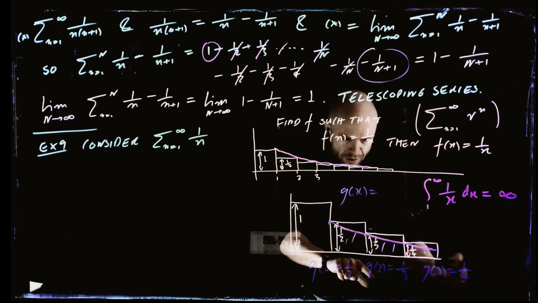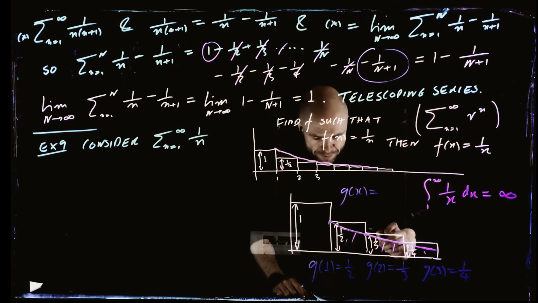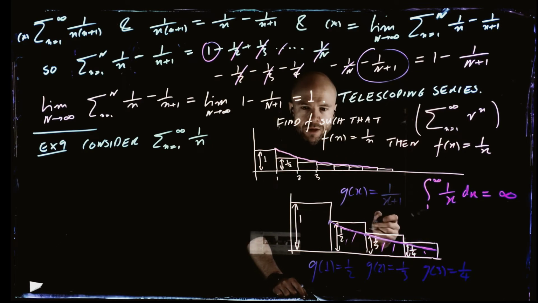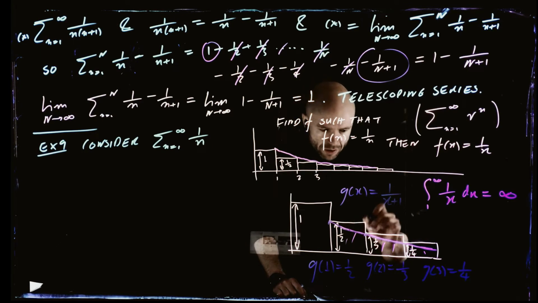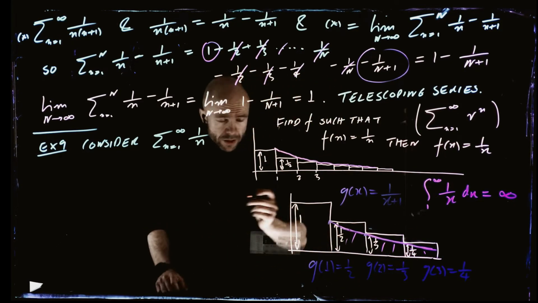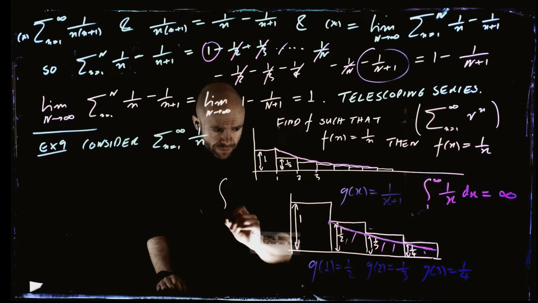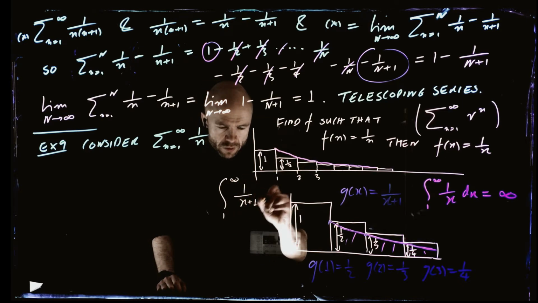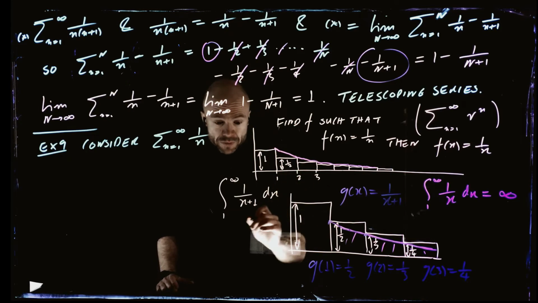So what function does something like that? Perfect, yeah. That would work, yeah? So this function here is underneath all of our blocks, yeah? And if we integrate from 1 to infinity, 1 over x plus 1 dx, this thing too is divergent.